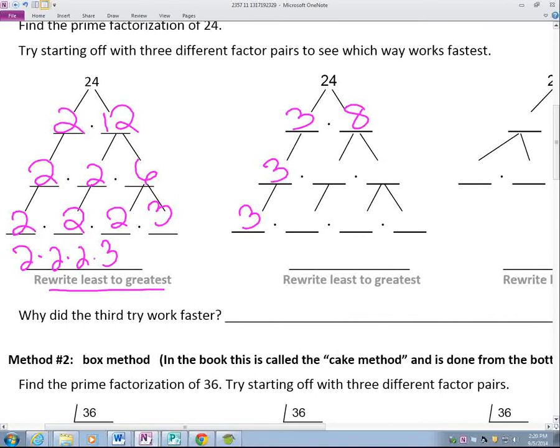What can we factor that out of? 2 and 4. That guy's come along for the ride, and I'm not going to insult your intelligence. Okay, so it's 3, 2, 2, 2. Then to rewrite them all least to greatest, 2, 2, 2, 3. Same thing as before.